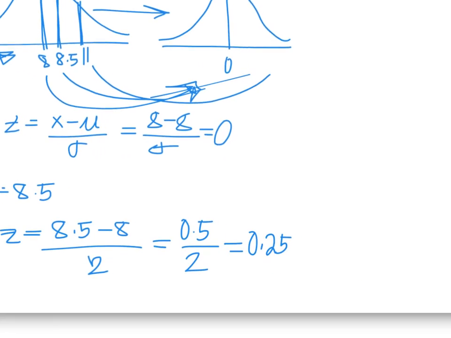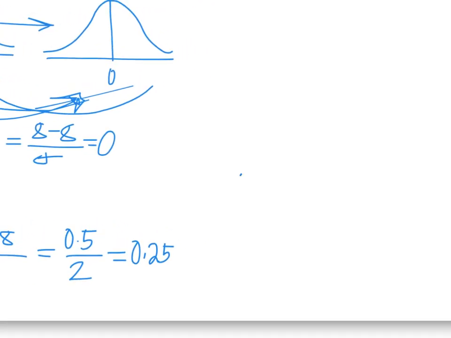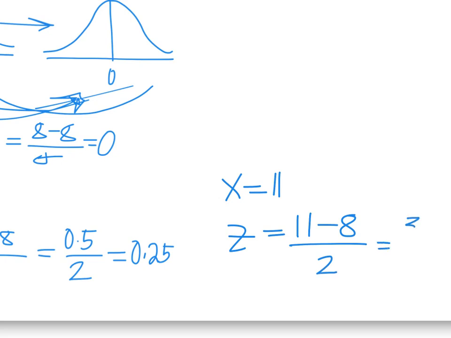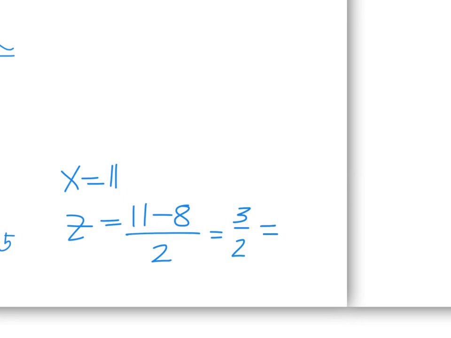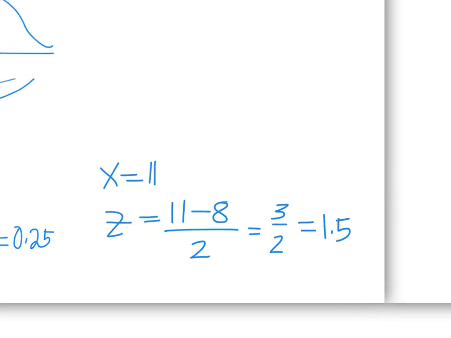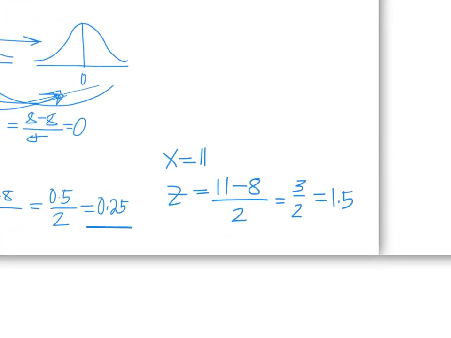And for x equals 11, z is equal to 11 minus 8 divided by 2, that is 3 divided by 2, or 1.5. So the two z-scores that we have to use are 1.5 and 0.25.